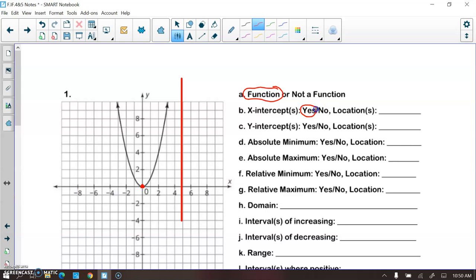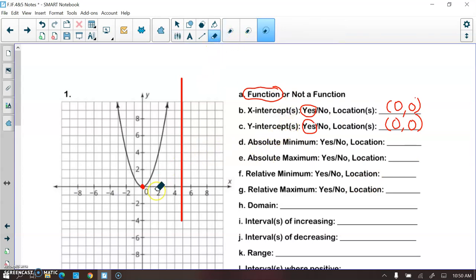So yes, we have an x-intercept, and that is at the point 0, 0. And where this graph crosses the y-axis is also at 0, 0. So yes, we have a y-intercept, and it's at 0, 0. Sometimes the x and y-intercept can be the same. Sometimes they may be different. But those are the x and y-intercepts for this graph.